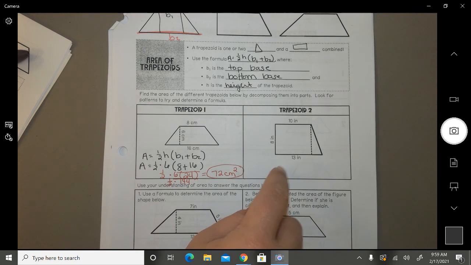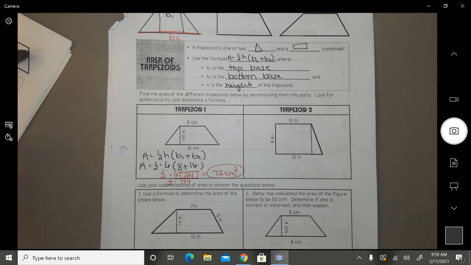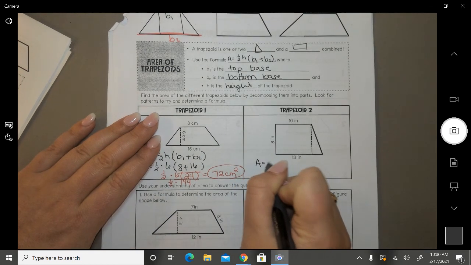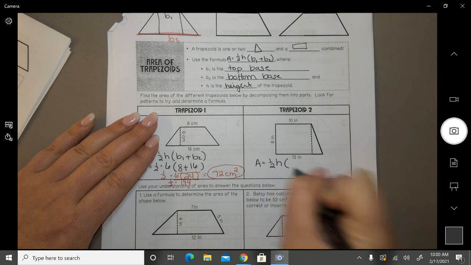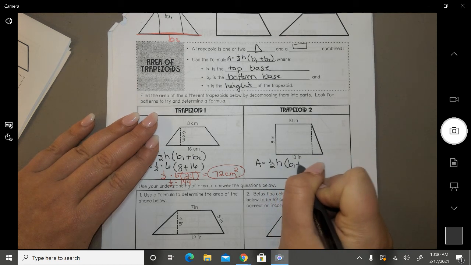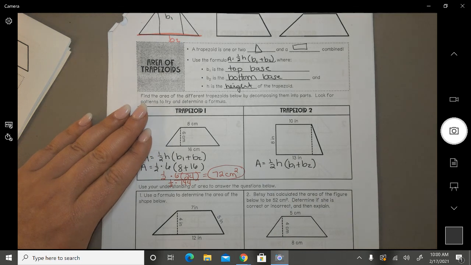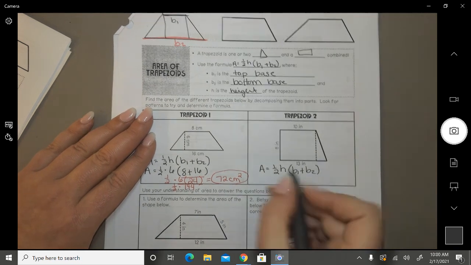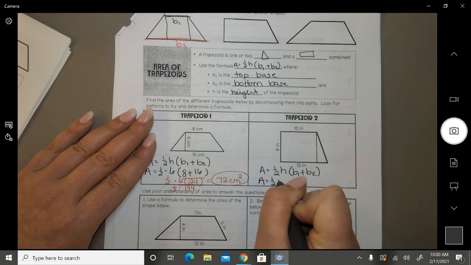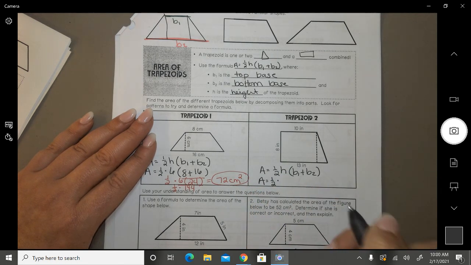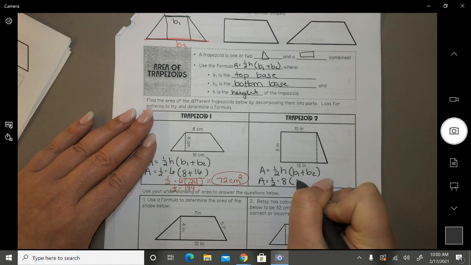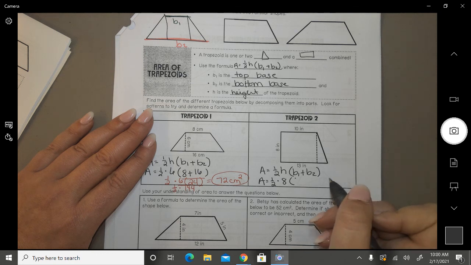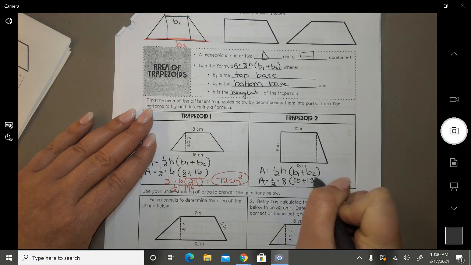We're going to do the same thing for trapezoid 2. Okay, so write the formula and then plug in your numbers. What's our formula? A equals 1/2 height times (base 1 plus base 2). Plug in my numbers. 1/2. What's my H? What's the height going to be? 8. What's base 1 going to be? 10. Plus 13.